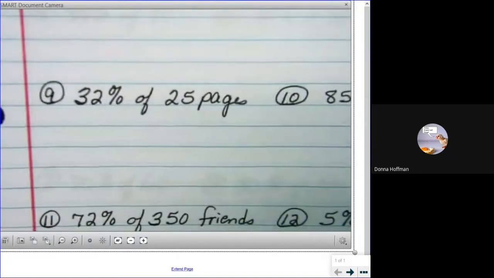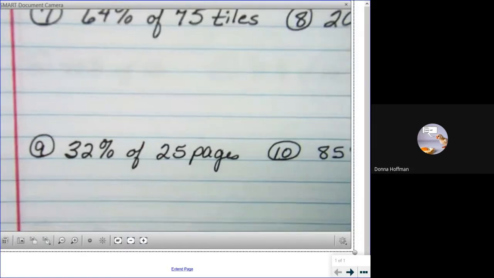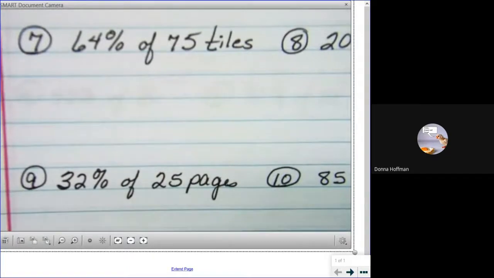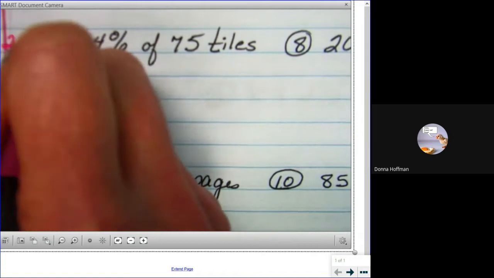Okay, so let's go back to the homework. Number 7 was 64% of 75 tiles. Did anybody get an answer for this one? What'd you get? 21. Walker says 21, so I'm going to write that there.